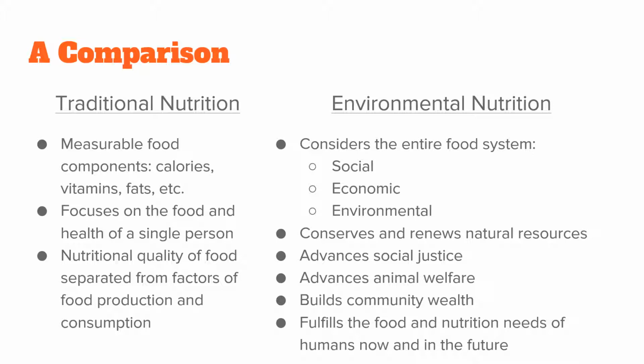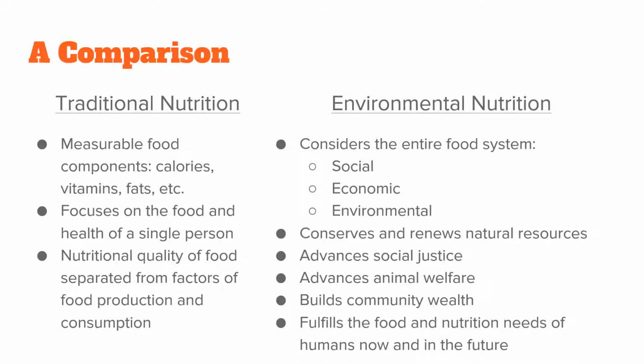So often we just assume that all apples have a certain amount of vitamin C, or that all apples are going to affect our body in the same way, regardless of how they've been produced, and where in the food system they intersected us at the time of eating them.